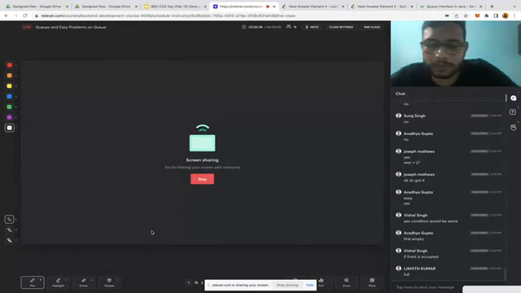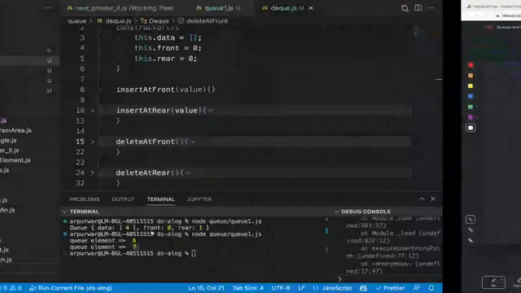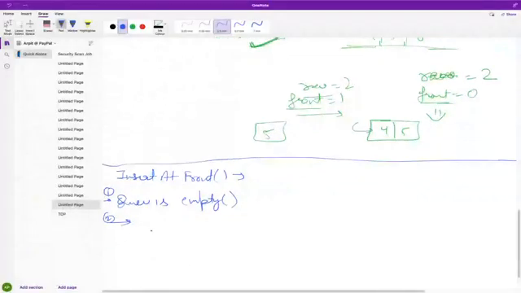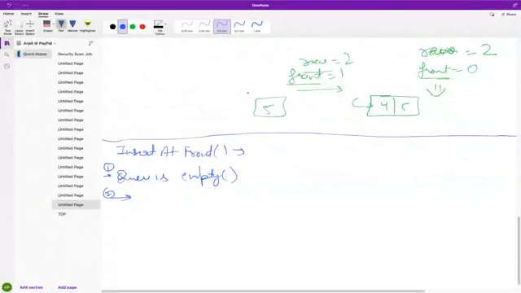Okay, guys, so let's think about it. I think the first answer is totally correct. The second one, which Vishal has given, is also correct. If front is occupied, but front could be occupied in two ways. The first way is if we have not deleted anything in the queue. Then front would be at the zero position always.